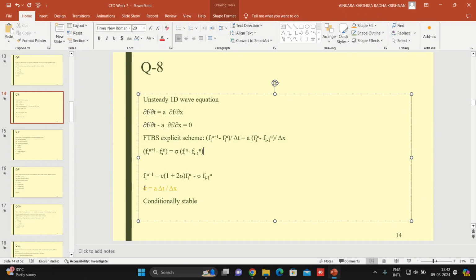so what we have done is we have taken a delta t by delta x as sigma.